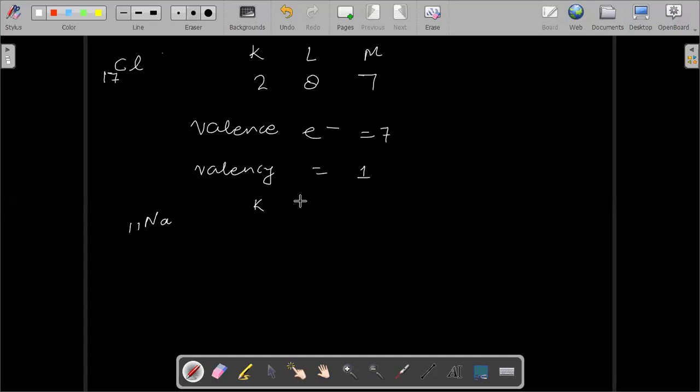So again you write K, L, M. It is 2, 8 and 1. So the valence electron for this is 1. And what will be the valency? Sir, 3. No, valency will also be 1.